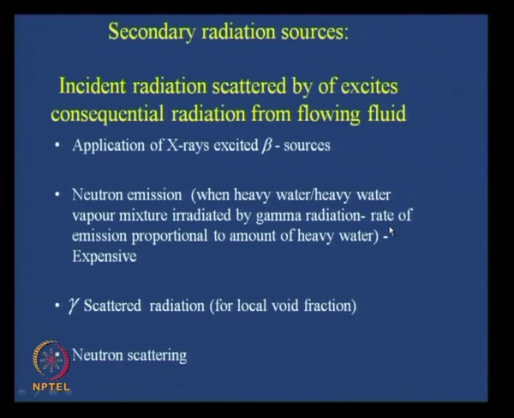From this particular heavy water vapor mixture, it emits a good number of neutrons. And what we can do is actually measure the rate of emission of the neutrons in this particular case. This is much more accurate. Why? Because we are directly measuring the amount which has been emitted, instead of measuring the amount which is absorbed and then subtracting two large quantities, is it not?